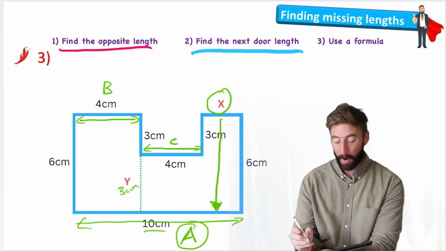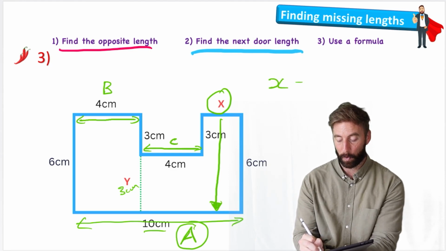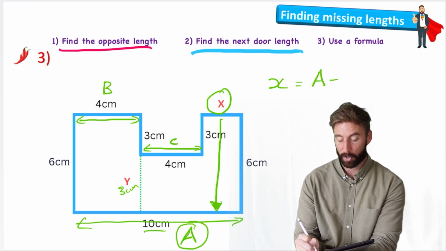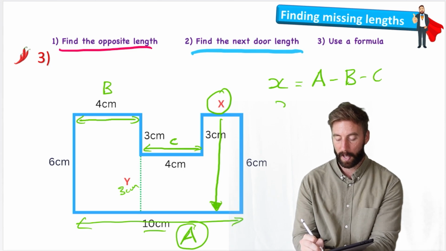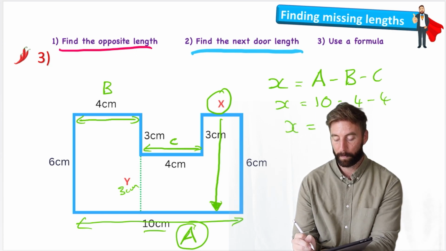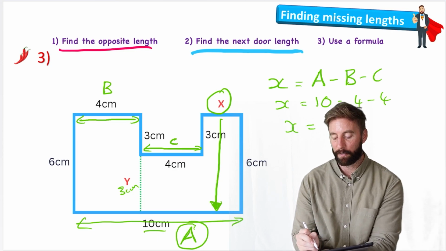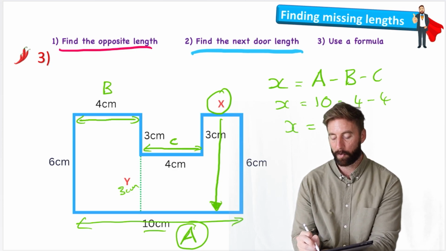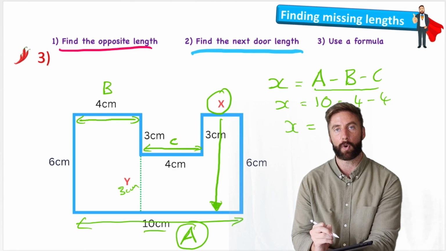So now X is equal to the long length of A, subtract the 2 smaller lengths of B and C. So X equals 10, subtract 4, subtract 4, X equals 2. Now this is not a very neat way of writing our formula this time, because we don't really want to put subtract in a row like that.